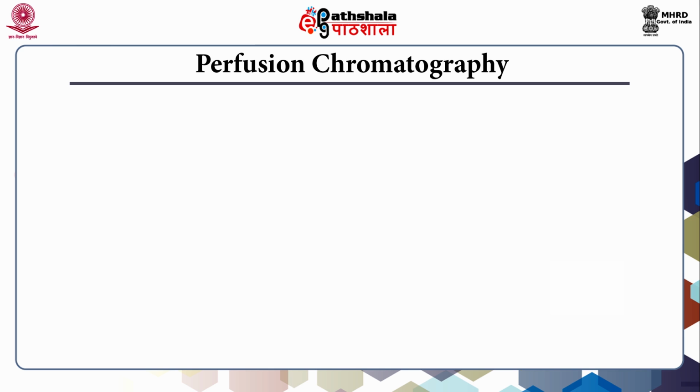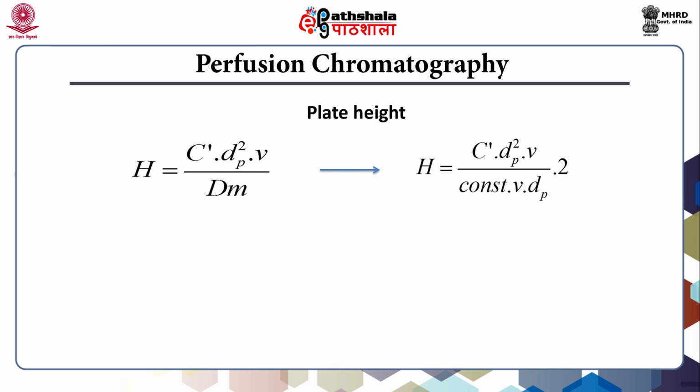If you see this value of Dm in the theoretical plate height, the V and V are cancelled. That means the theoretical plate height in perfusion chromatography is not dependent upon the flow rates. Whatever the flow rates may be, we can separate the molecules in perfusion chromatography because the convective component is the most important thing in perfusion chromatography.